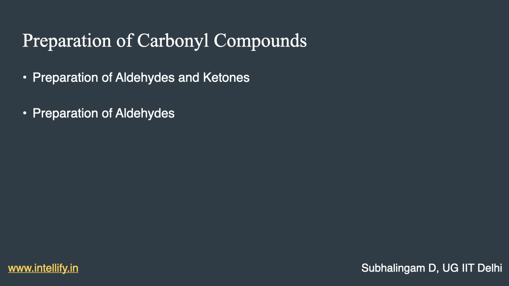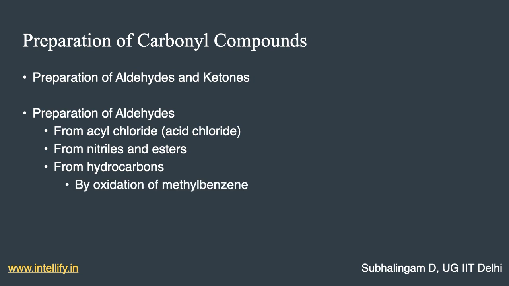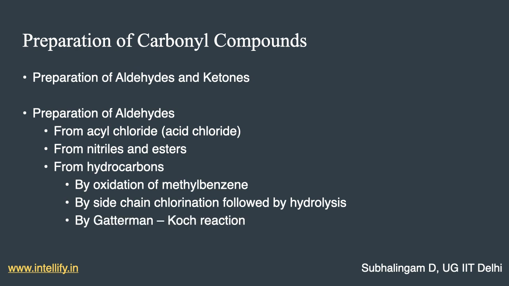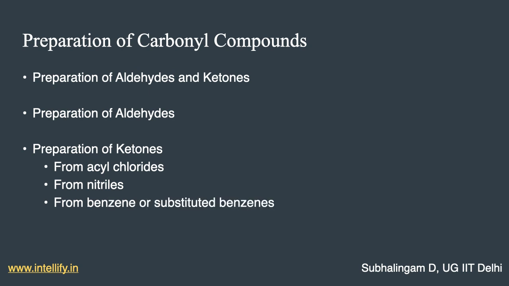Then we will see some techniques that are specific for aldehydes, which includes from acyl halides, from nitriles and esters, then from hydrocarbons, which includes oxidation of methyl benzene, side chain chlorination followed by hydrolysis, and the Gattermann-Koch reaction. Then we will move on to techniques specific for ketones. First in this is from acyl chlorides, then from nitriles, and finally from benzene or substituted benzenes.